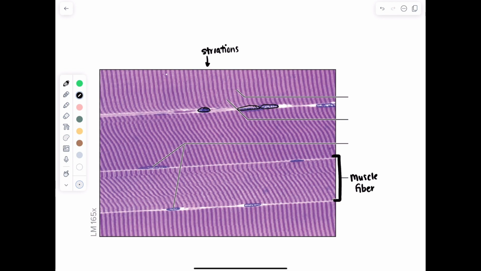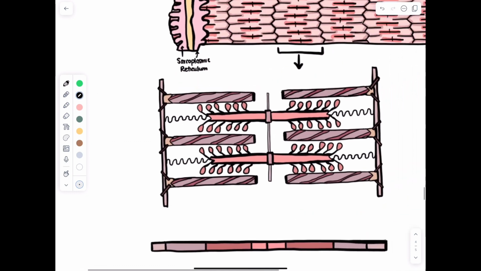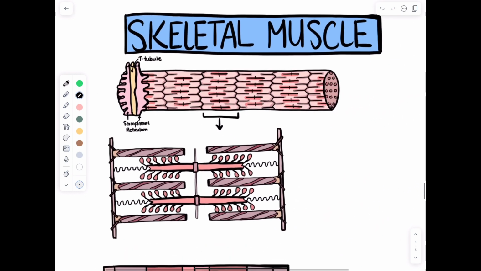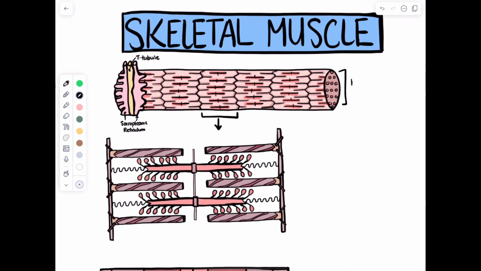And a muscle fiber can be broken down into fundamental units called sarcomeres. So if we look here at my drawing, this whole thing is a muscle fiber, and the muscle fiber is then broken down into these multiple units, and those are known as sarcomeres.